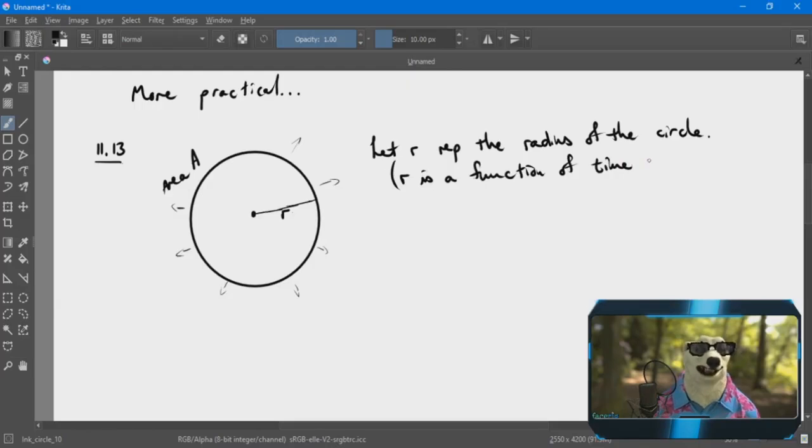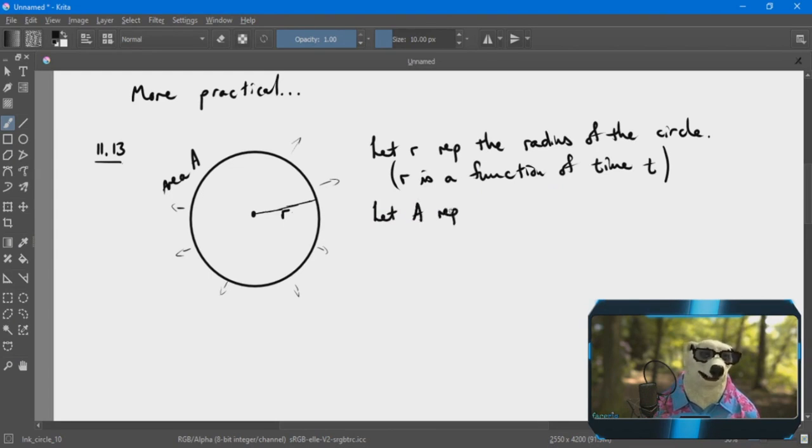Now, we don't have to define the time variable. We all agree we're going to use a t, but it's not the same kind of input variable we are used to. Technically, time, t, is the input variable. R is a function of that, and so is the area.